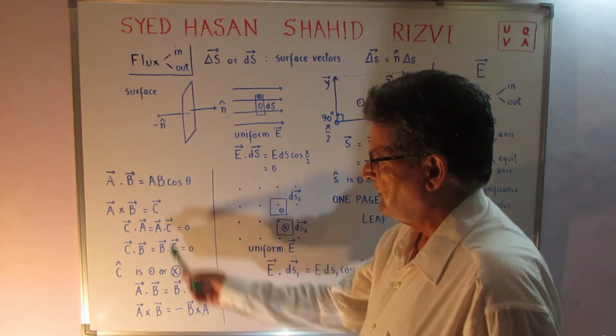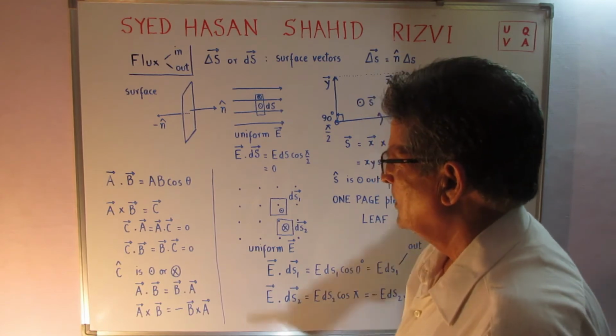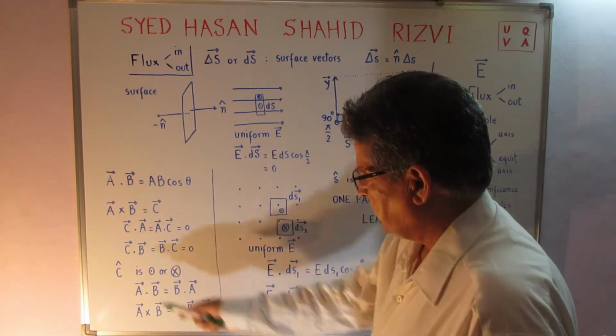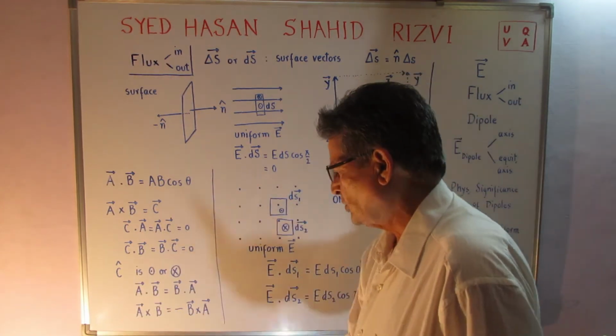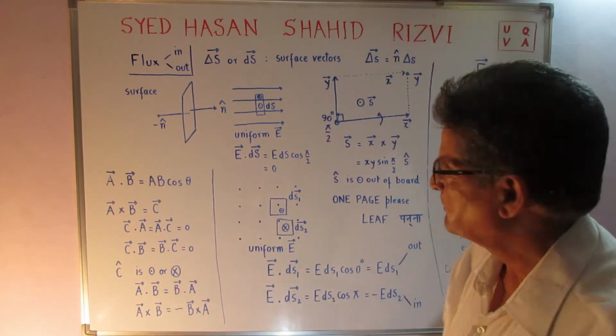That means the vector c makes an angle of 90 degrees, or pi by 2, with a and also with b. And c cap is either out of the board or into the board, so that a cross b is equal to minus b cross a.